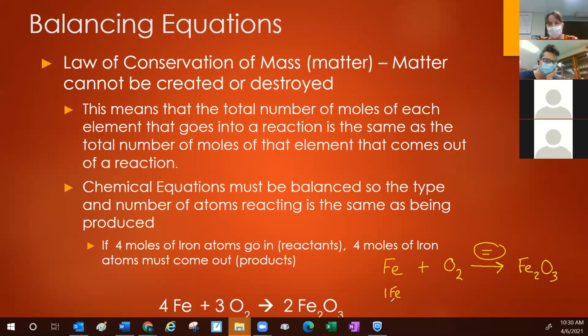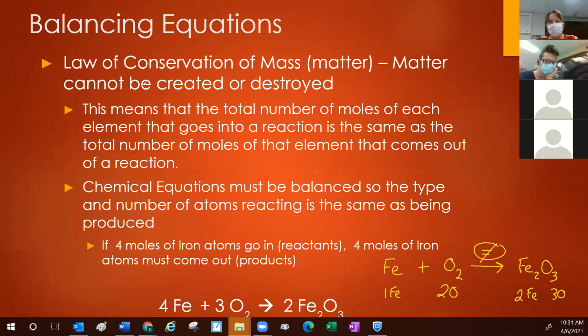So if I have one iron on the left side of the arrow, I have to have one iron on the right side of the arrow. But here, this subscript 2 tells me that there's actually 2 irons on the right side. Those aren't equal. And if we look at the oxygens, we have the same problem. There's 2 oxygens on this side, and this 3 tells me there's 3 oxygens on this side. Well, those aren't equal. But this law of conservation of matter tells us that they must be equal.